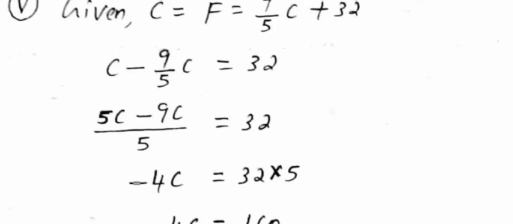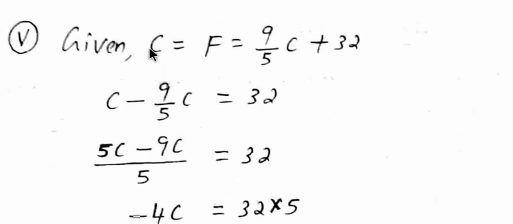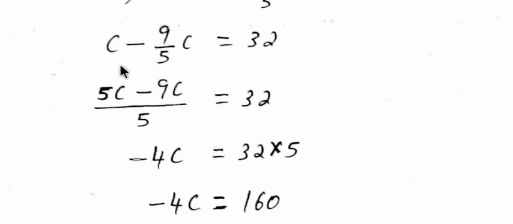Then simplify. Put that C, then take the 9 by 5 C to the left side, it becomes minus 9 by 5 C, equal to 32. Then cross multiply: 5C minus 9C whole divided by 5 is equal to 32.